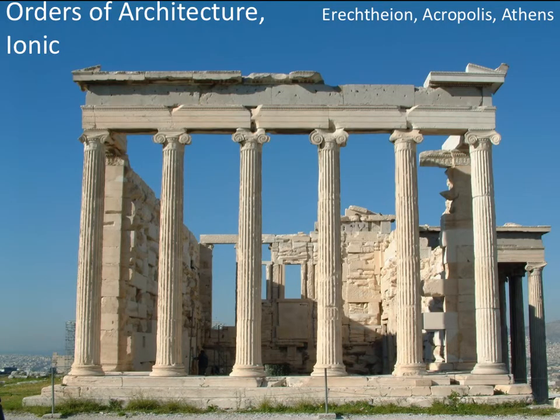And here, I hope you can see the difference between this arrangement and what we just saw on that temple to Hephaestus, right? This is on the Acropolis in Athens, the Erechtheion. And these are absolutely beautiful, delicate, lovely Ionic columns.